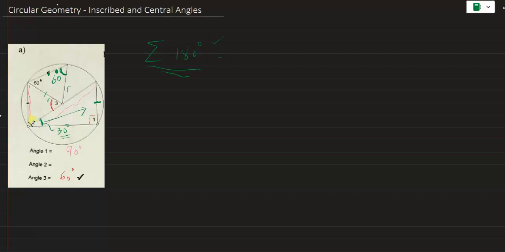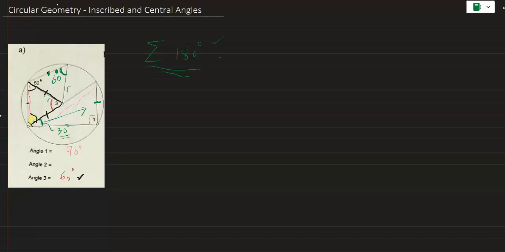And we know that this side and this side of this triangle, these two legs, are equal to each other. Why are they equal to each other again? Both of them are radii of the same circle.